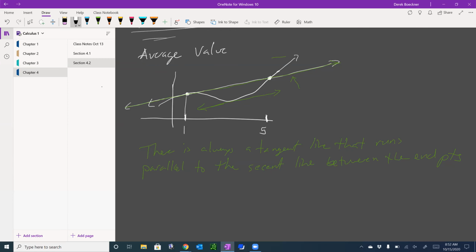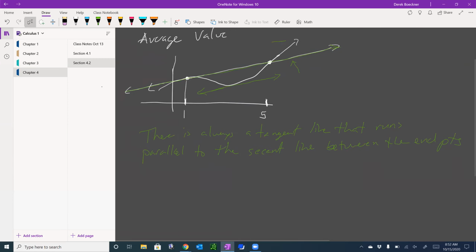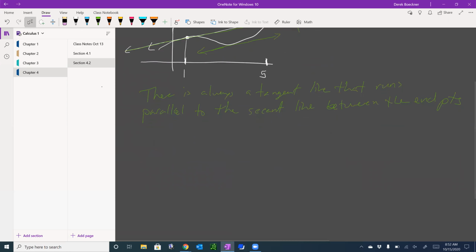And so let's write that out mathematically as a theorem. So theorem. And this one's called Rolle's theorem. No, this is not called Rolle's theorem. This is called the mean value theorem. We'll use Rolle's theorem to prove it. Rolle's theorem is kind of a specific case that this generalizes.